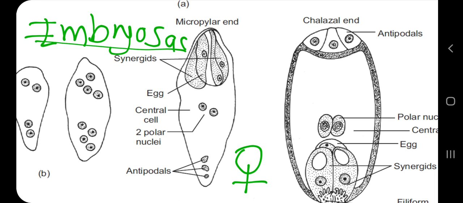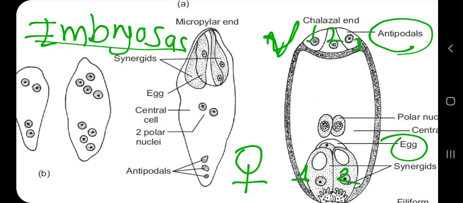Which cells? The names are also important. So this is the final structure of the mature embryo sac, which has 3 cells called antipodals: antipodal 1, antipodal 2, antipodal 3, then 2 synergids, synergid 1 and synergid 2, and finally 1 egg, which is not visible completely here.